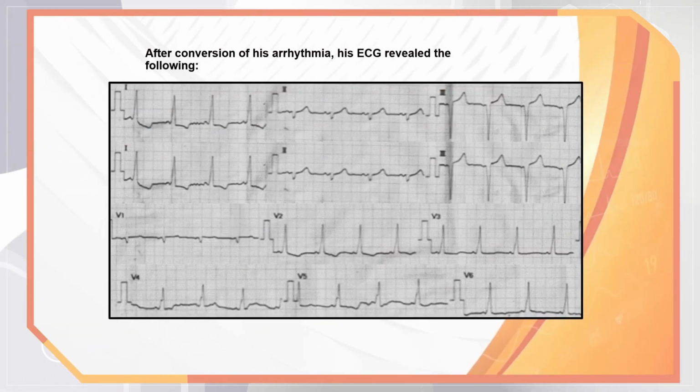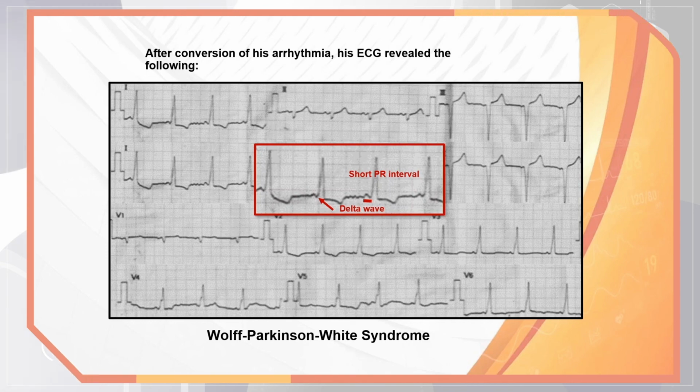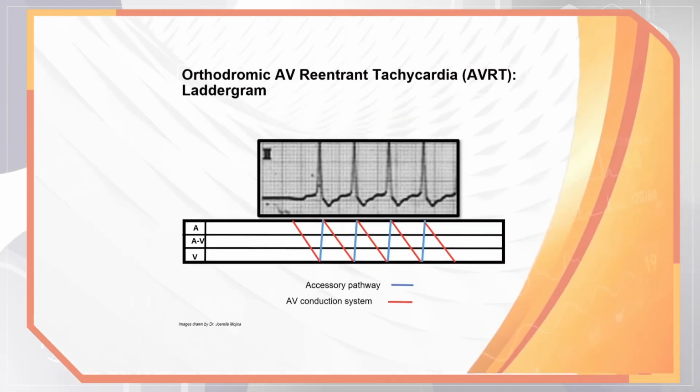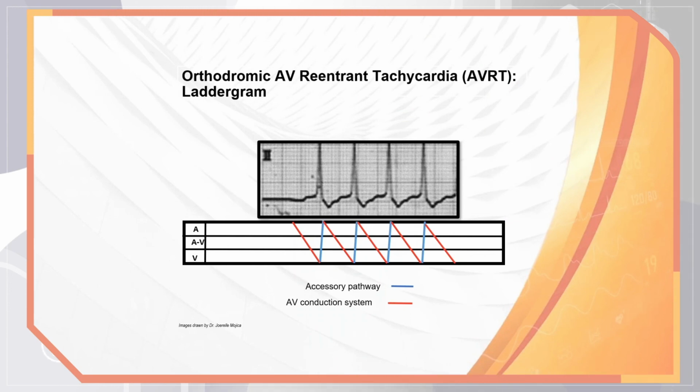One is the presence of a delta wave or slurring at the start of the QRS, and the second is the shortened PR interval, both diagnostic signs of Wolff-Parkinson-White syndrome or WPW. Now, this is the laddergram in orthodromic AVRT. The antegrade limb is through the AV conduction system in red, and the retrograde limb is through the accessory pathway in blue.